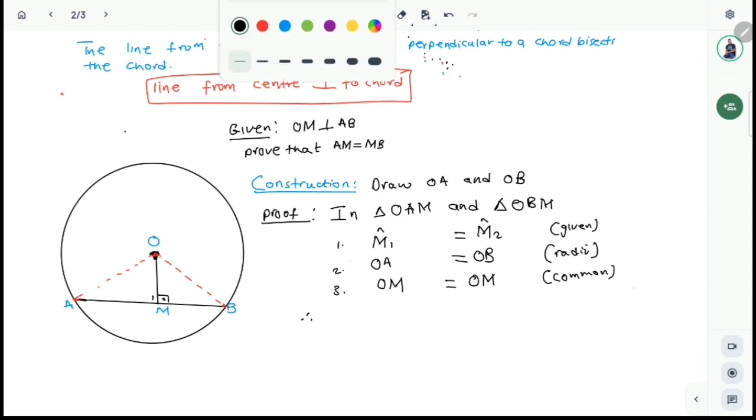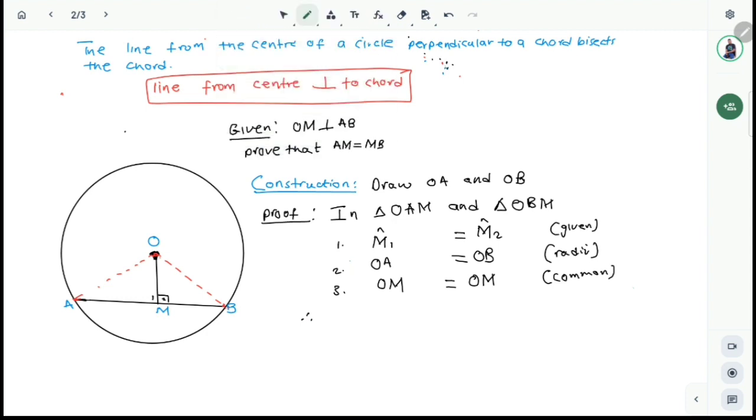So finally, we will conclude that the triangle OAM is congruent to triangle OBM. The reason being right-angled hypotenuse side. This is one of the conditions of our congruence.